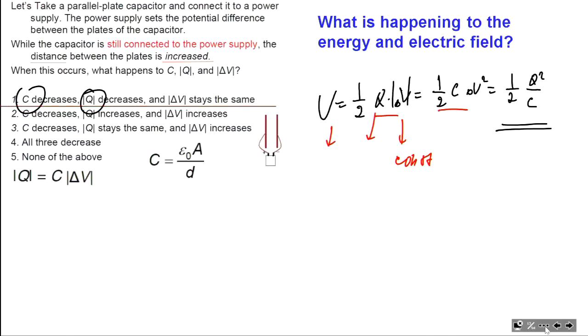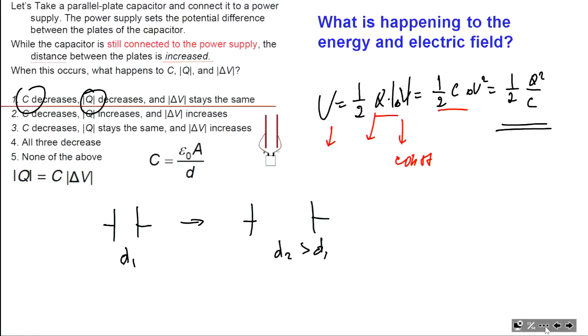Electric field. Well, that's what is happening, and nothing is happening in between.